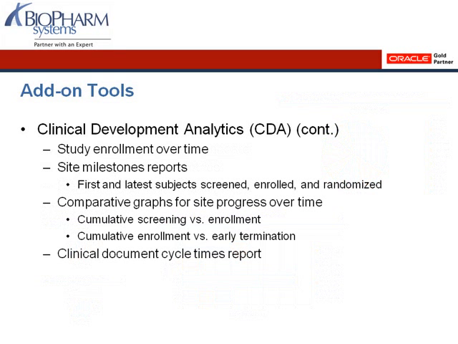And some additional information, what we can get out of CDA, study enrollment over time. So anything with a time component where we're looking at a snapshot, we want to be able to see what our progress was at a particular time point within the study. CDA allows us to do very good analysis of that.